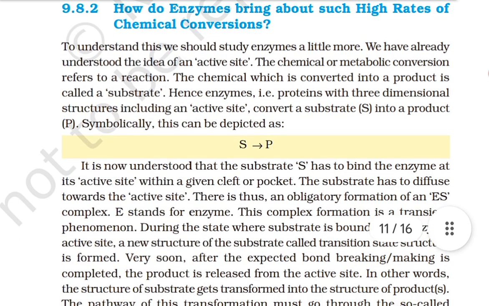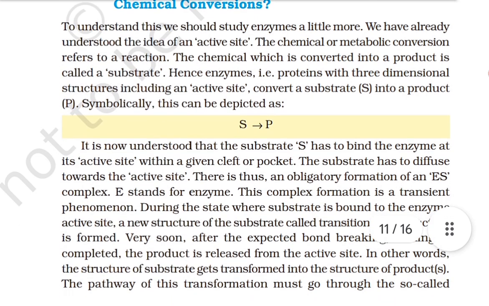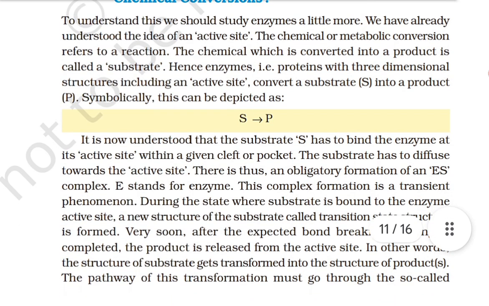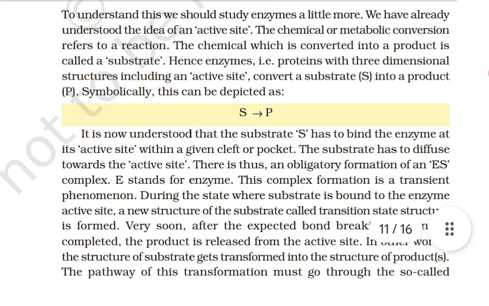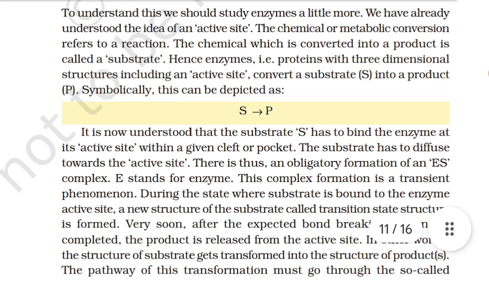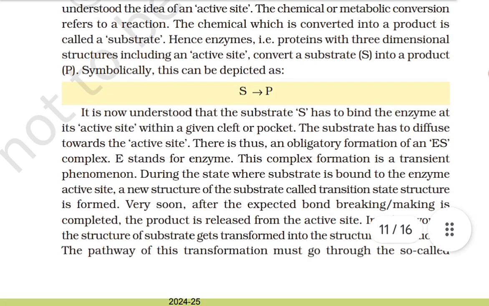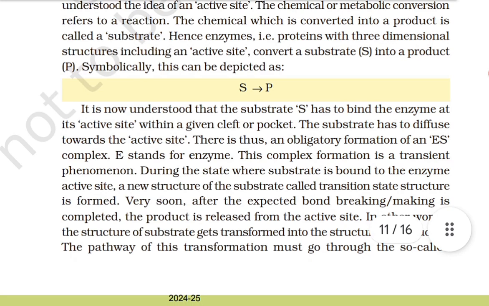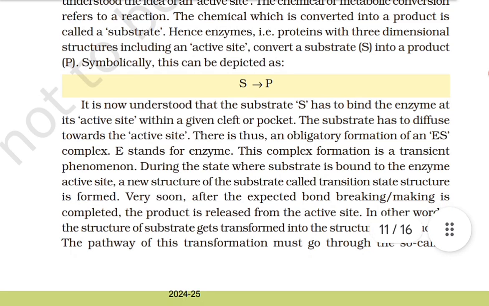Due to its close structural similarity with the substrate, the inhibitor competes with the substrate for the substrate binding site of the enzyme. Consequently, the substrate cannot bind and as a result the enzyme action declines. Example, inhibition of succinate dehydrogenase by malonate, which closely resembles the substrate succinate in structure.